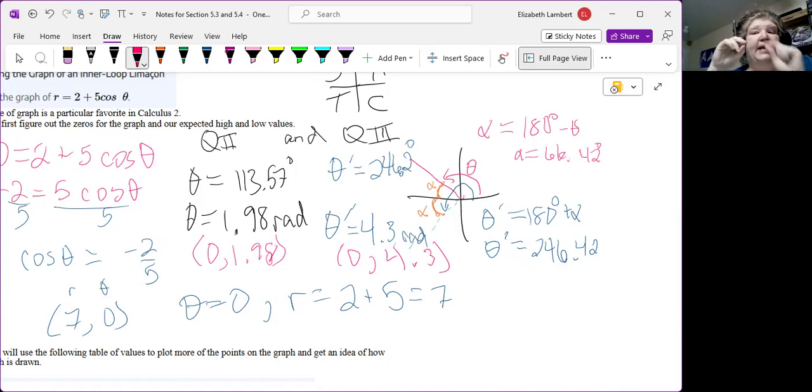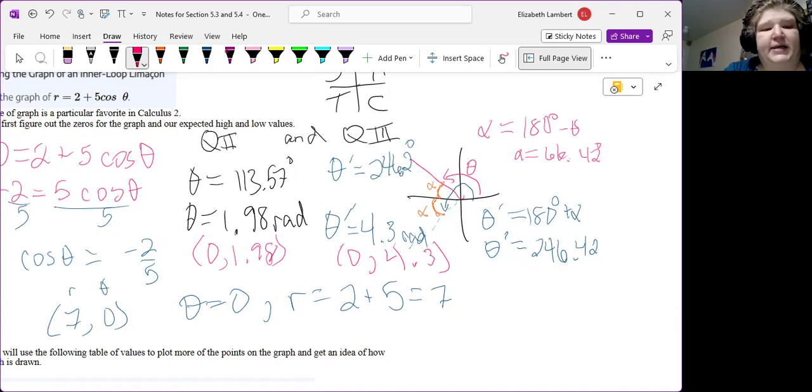Then I hit 1.98, and between 1.98 and 4.3, my radiuses will all be negative. Then from 4.3 back to the starting point, they're positive again, since 0 and 2 pi produce the same point.